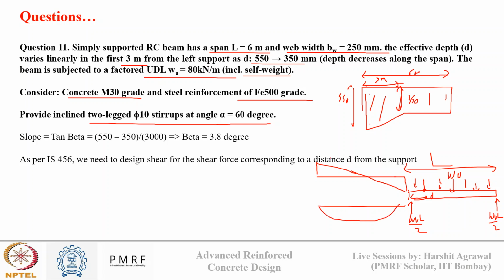Okay, so at a distance d from the support, I will estimate this bending moment and the shear force. First of all, we need to know the depth of my section at a distance d from the support. We can calculate that simply by using the equation of this line.